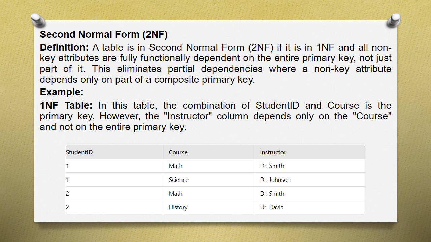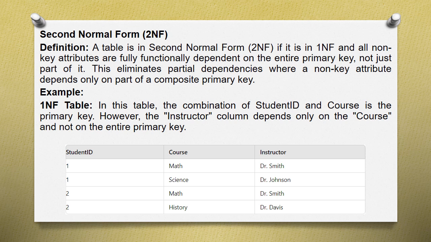As we know, in a table there is a primary key or possibly a composite primary key. Composite primary key means we combine 2 or more columns to make a primary key. Other than the primary key, every column or attribute is known as a non-key attribute.